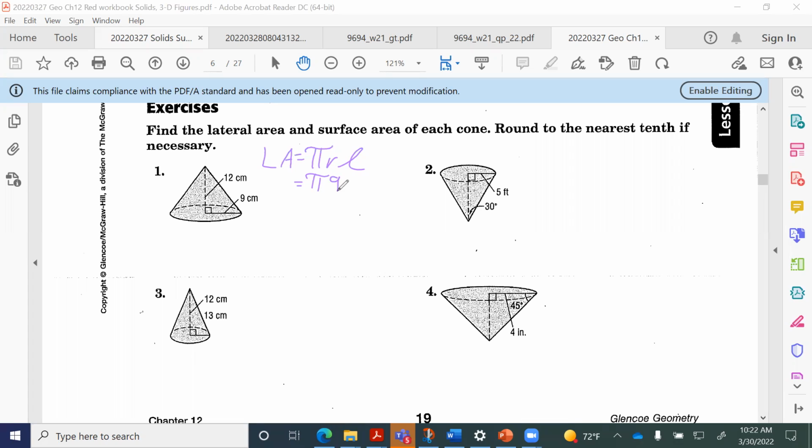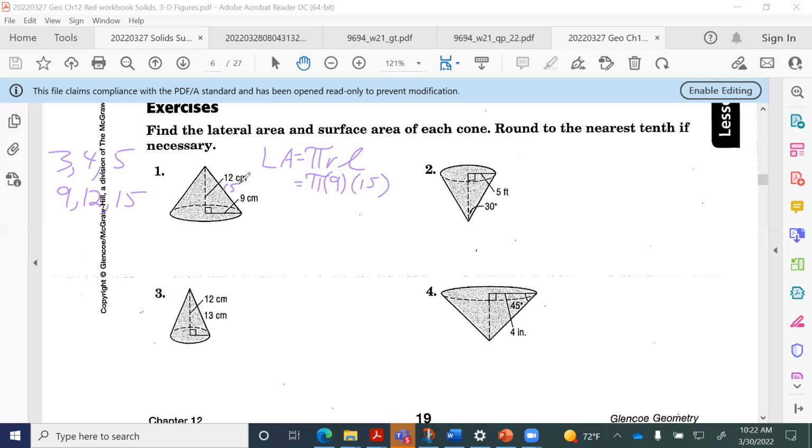Well, 15. It's 15. That's a 3, 4, 5 again, but they've all been multiplied by 3. This is 9, 12, 15.